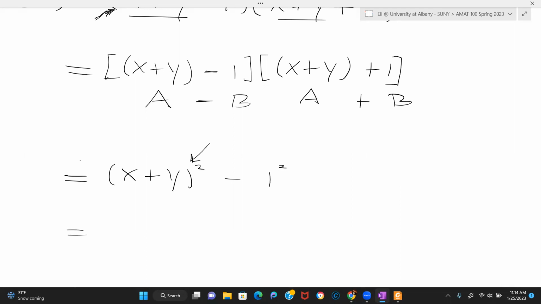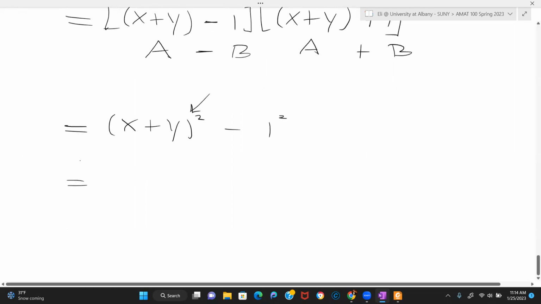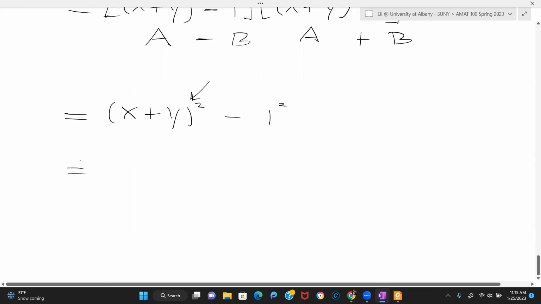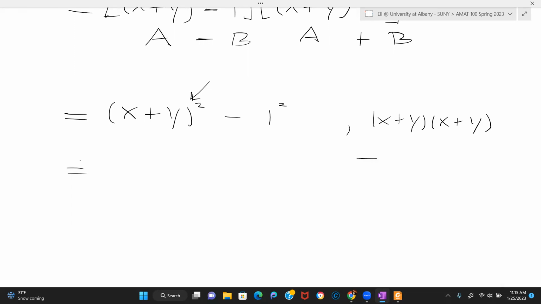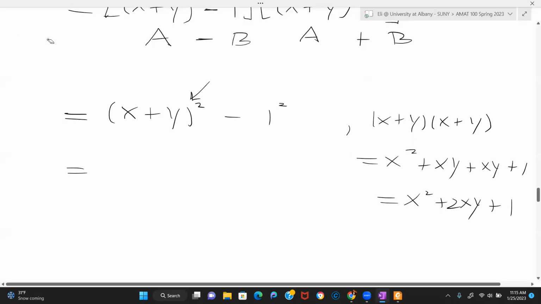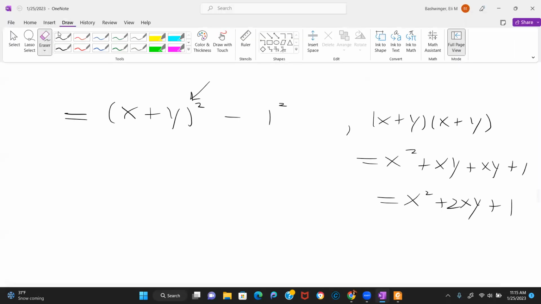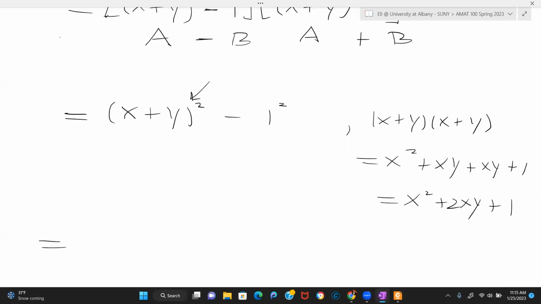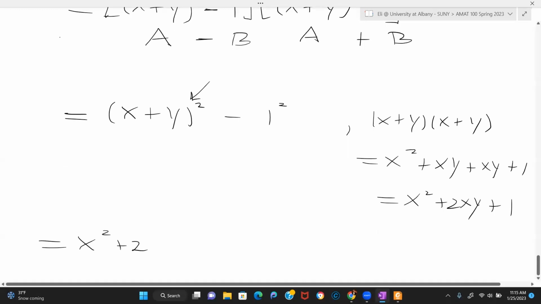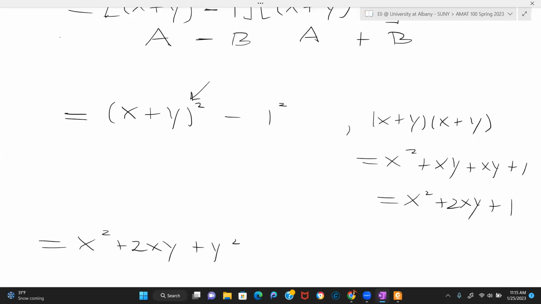And then for this one, again, there's that special formula you can use, or you can just FOIL it. It's easy to FOIL it. Do it on the side if you have to. So you FOIL it, you get X squared plus XY plus another XY plus Y squared. And then you combine, you get X squared plus 2XY plus Y squared.